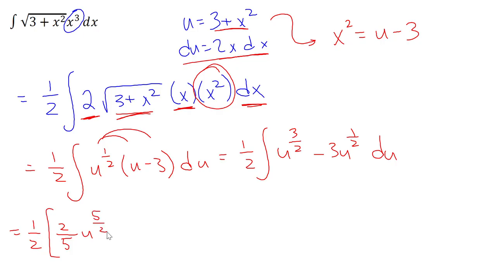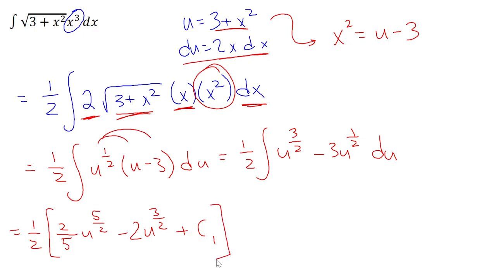And the integral of minus 3u to the 1/2, well, that'll go up to be u to the 3/2. And then we'll divide by 3/2, so we'll multiply by 2/3, which is just going to make that a minus 2 there. So we'll have minus 2 u to the 3/2 plus, of course, our constant.